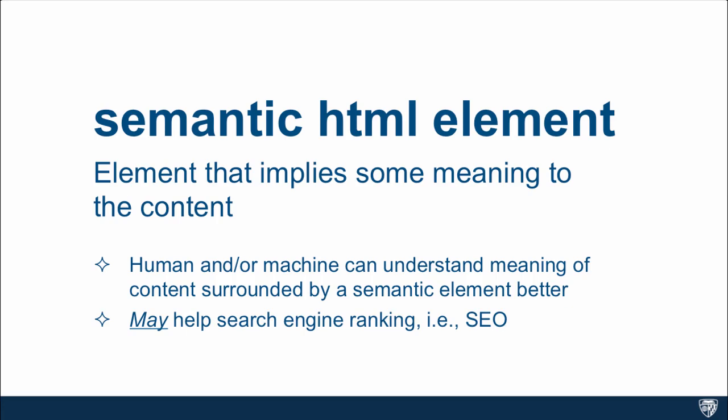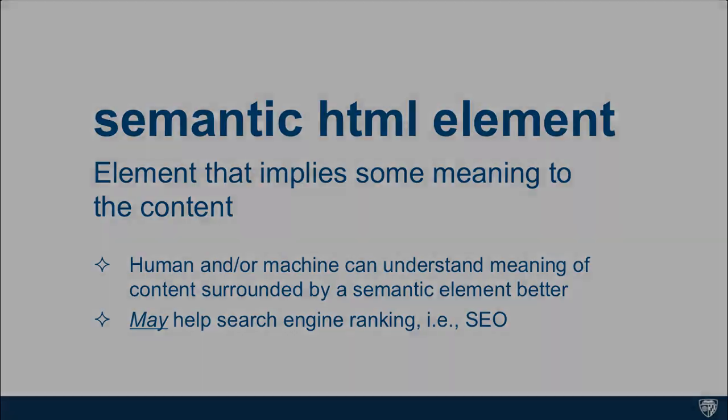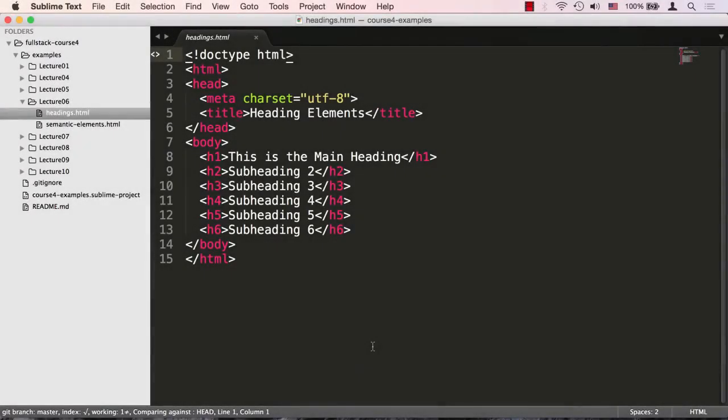Now, let's take a look at an example of the first type of semantic tags that we're going to look at, the headings. Okay, so here I am in Sublime Text, and I am in the Examples Lecture 06 folder looking at the file called headings.html. And this is a very simple HTML document.